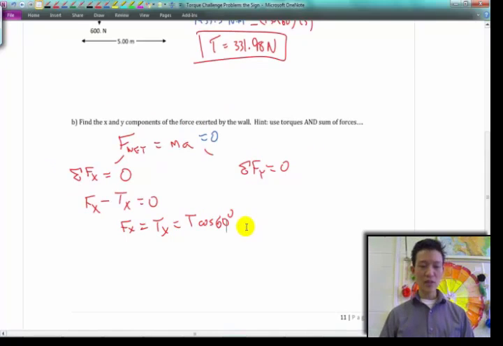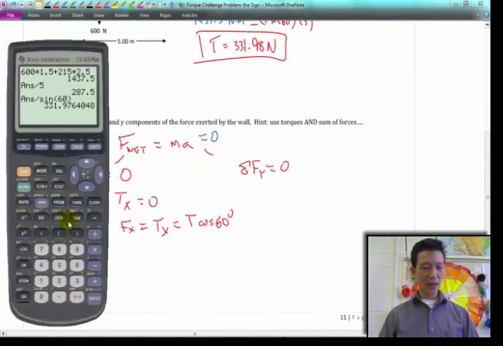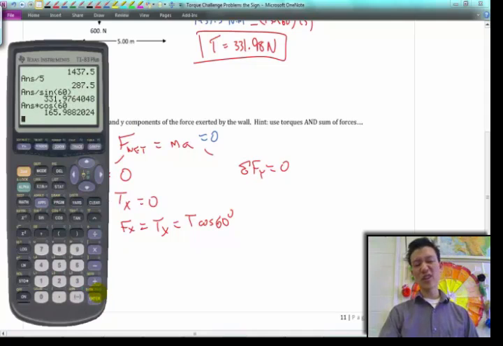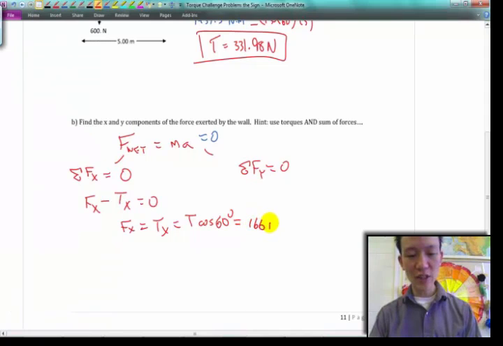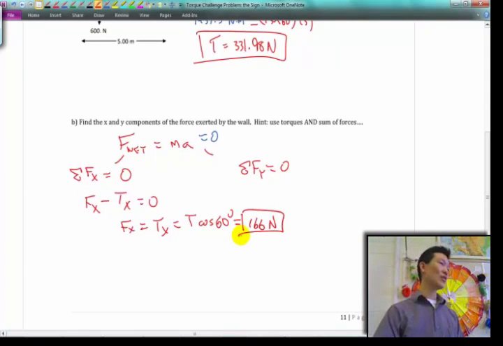And since we already know T, which is 331.98, we multiply what we just had by the cosine of 60 degrees, and we get a tension in the x direction of 165.988. Let's just round that off to 166 newtons. So in the x direction, the wall has to push out 166 newtons to counteract the pull of the cable that's trying to pull it back into the wall.